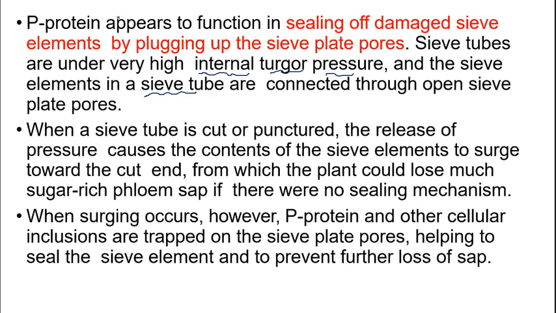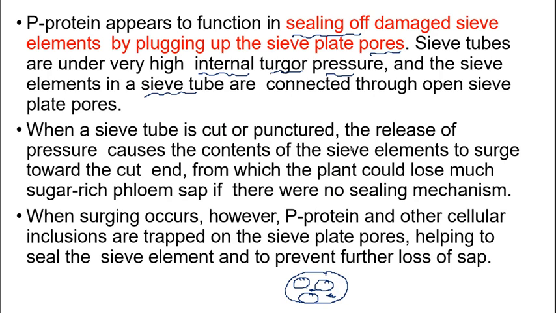So P protein seals off any damaged sieve elements by plugging the sieve plate pores. See, if this is a sieve plate, there are pores. If there is any damage, they plug that damage and seal it off.